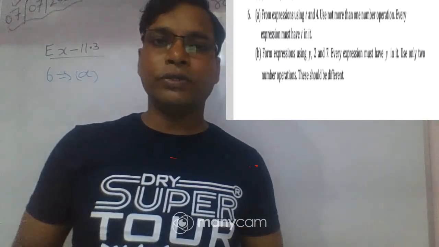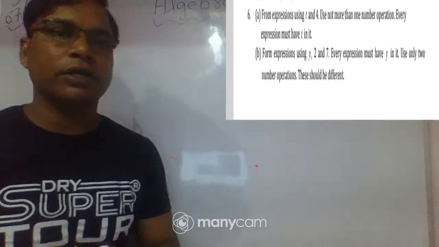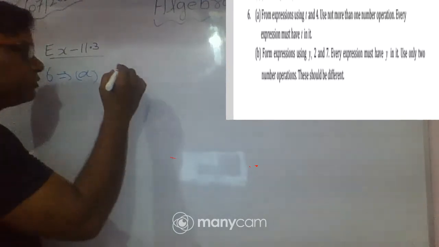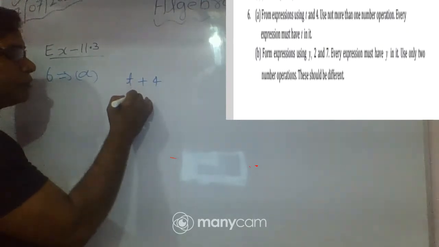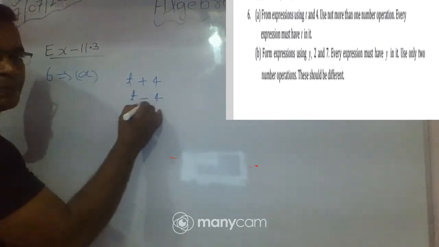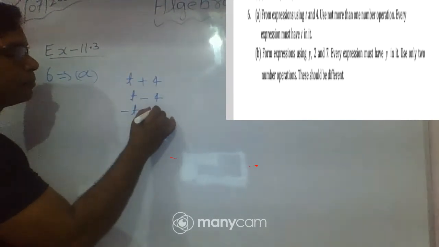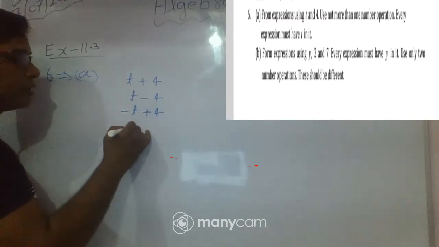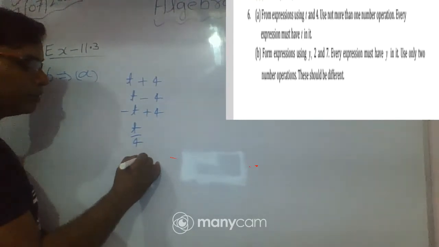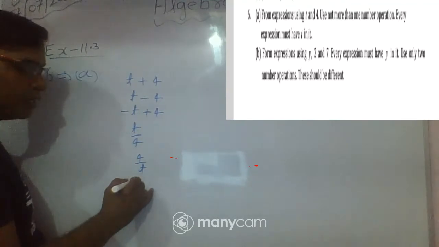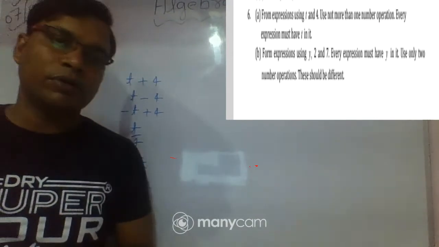So here we use only t and 4 and write the following expressions, using one operation. First write t plus 4, t minus 4, 4 minus t, t divided by 4, 4 divided by t, and 4t, t multiplied by 4, 4 multiplied by t.